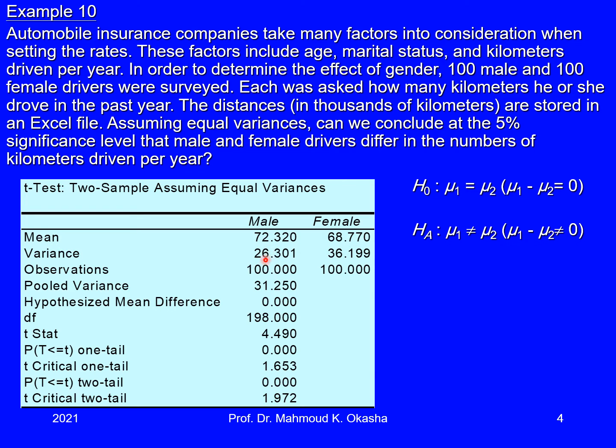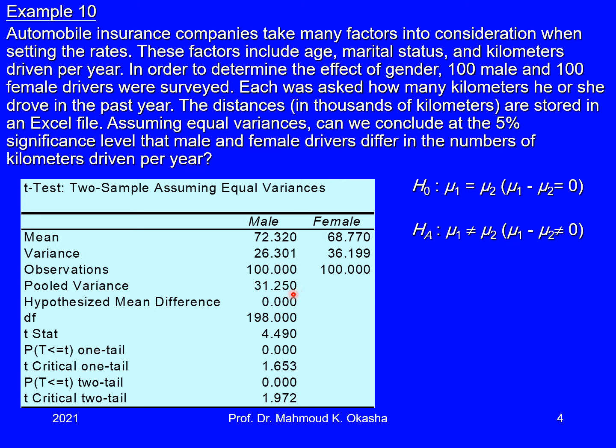The mean kilometers driven for males is 72, but for females 68. They have variances 26.3 and 36.199. Observations, as we said, we have 100 males and 100 females.